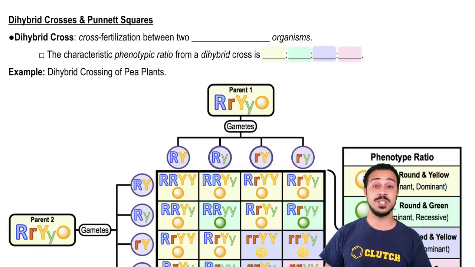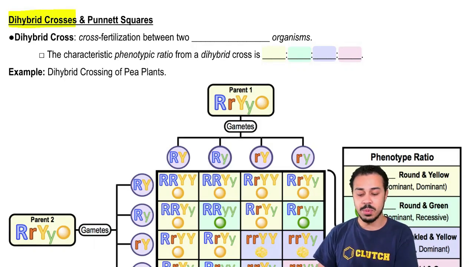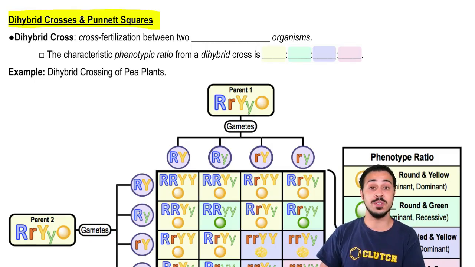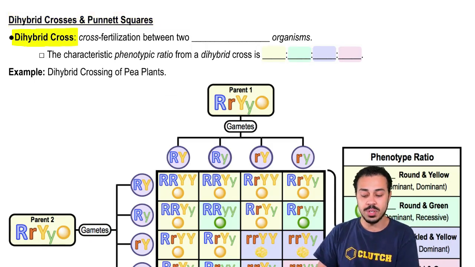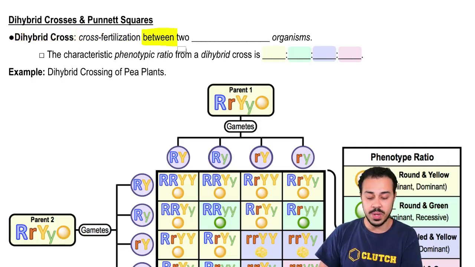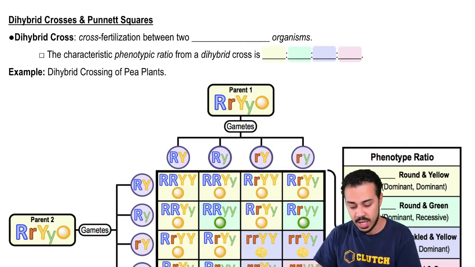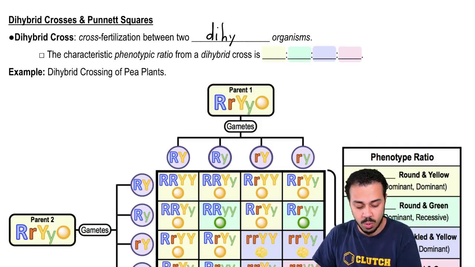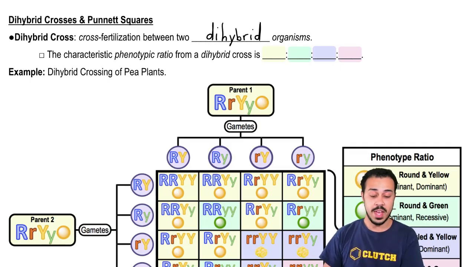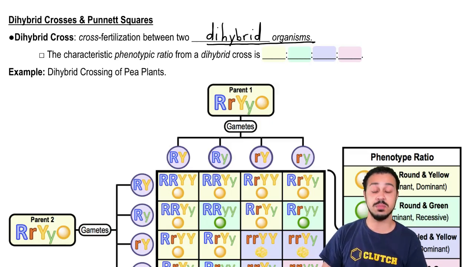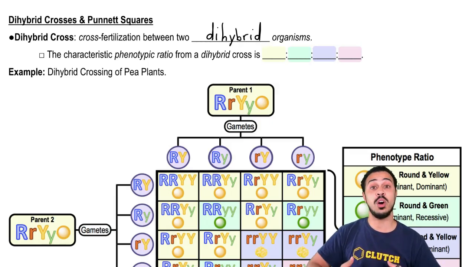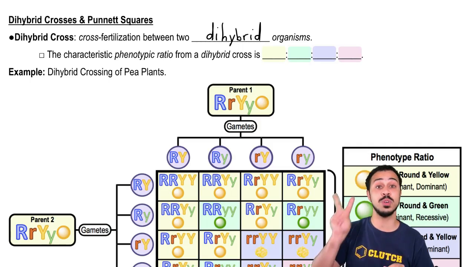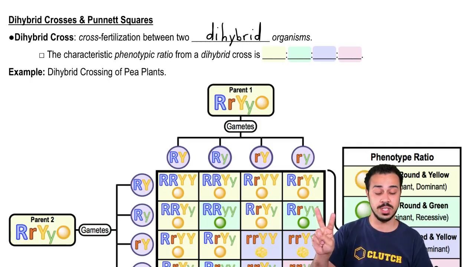In this video, we're going to talk directly about dihybrid crosses and their Punnett squares. A dihybrid cross is really just cross-fertilization between two dihybrid organisms. Recall from our previous lesson video that dihybrid organisms are organisms that are heterozygous for two specific genes.